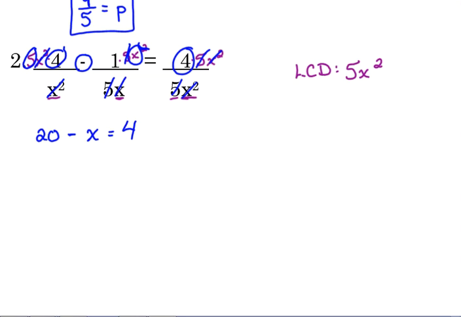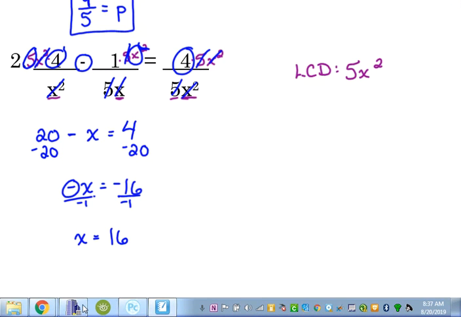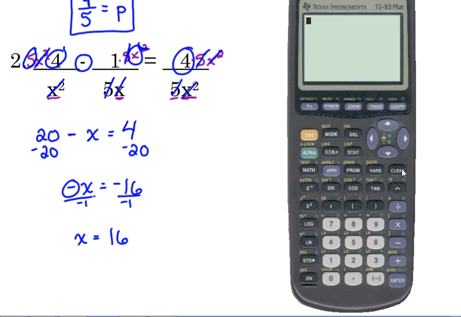Thank you. And we're left with 4. Again, now it's just a linear equation, trying to get the variable by itself, subtract 20 from both sides. We get negative 16, but it's negative x, so we divide by negative 1 to make that a positive 16. Before I circle it, I'm going to check it. Store it as x, even though it's not a fraction, store it as x.